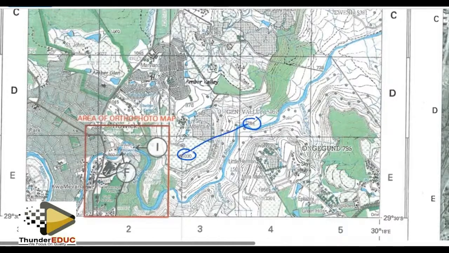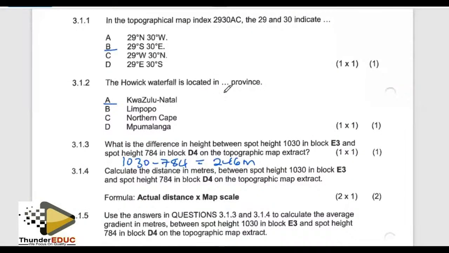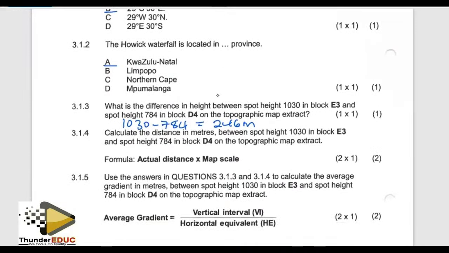So what you do, you get your ruler and you measure in centimeters from the given spot to the other spot. But for this case, let us assume that we measured and we got 6.2 centimeters as our distance.